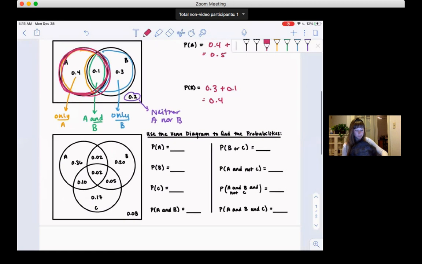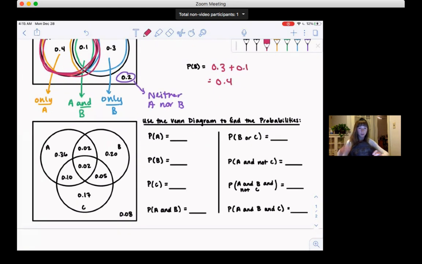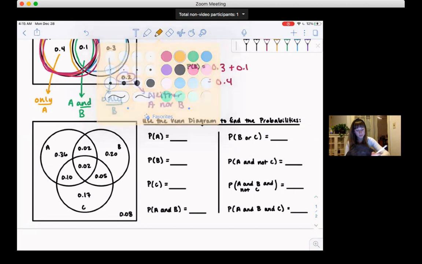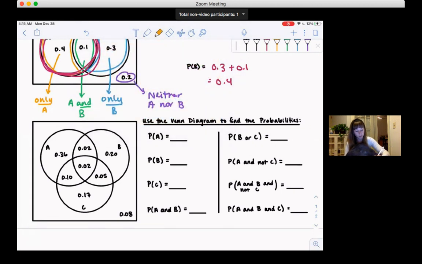To wrap up this lesson, we're going to look at one that's a little bit more complicated. We're going to use the Venn diagram to fill in the probabilities. Let's start with the probability of A. A happens anywhere in this circle.